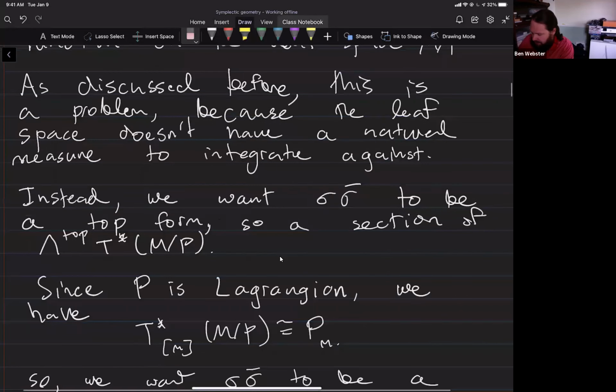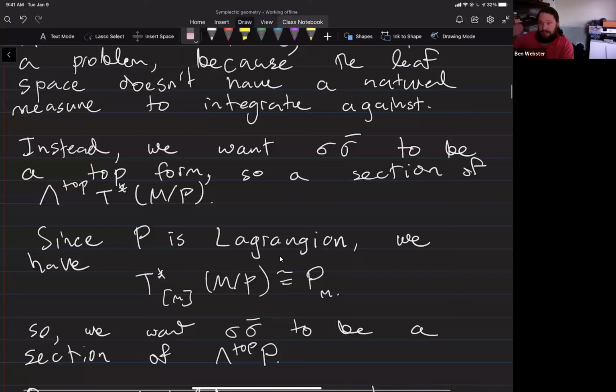I'll just note here, because P is Lagrangian, that means the quotient by it is canonically isomorphic to the dual space. So the cotangent space to modding out by this Lagrangian fibration is actually the same as the polarization itself. So the symplectic form gives me a non-trivial pairing.